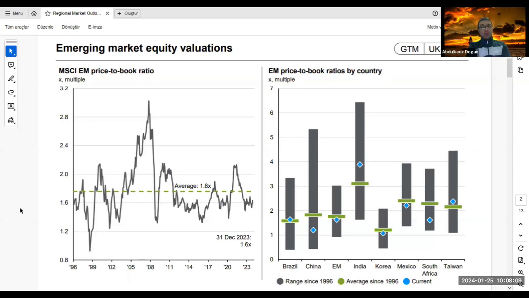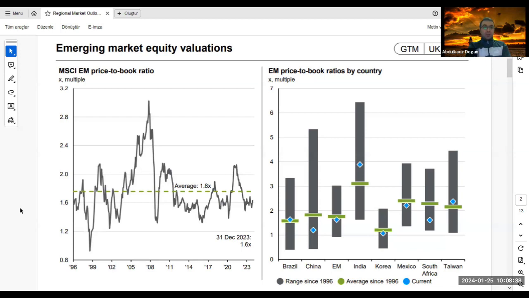But for those who did not have the opportunity to join the classes given by our university and me, let me introduce those definitions to you as well. The MSCI is the Morgan Stanley index. Morgan Stanley is one of the biggest investment banks, making worldwide equity and index analysis. MSCI is an abbreviation for the Morgan Stanley indexes, and EM is emerging market.